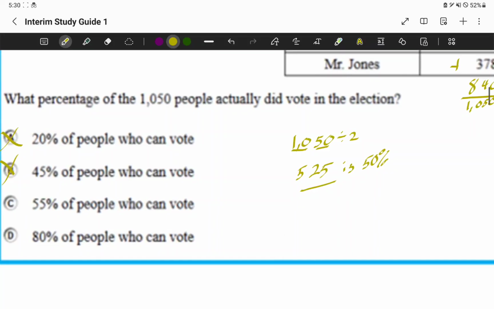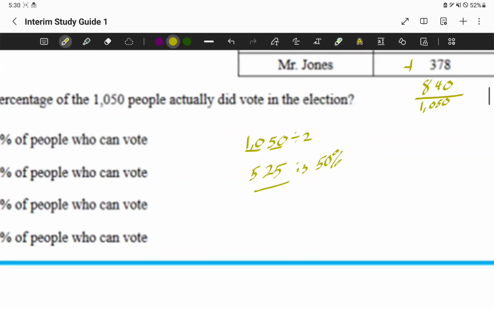And then 55%, well, 10% of 1050 is 105. So 105 is 10%.